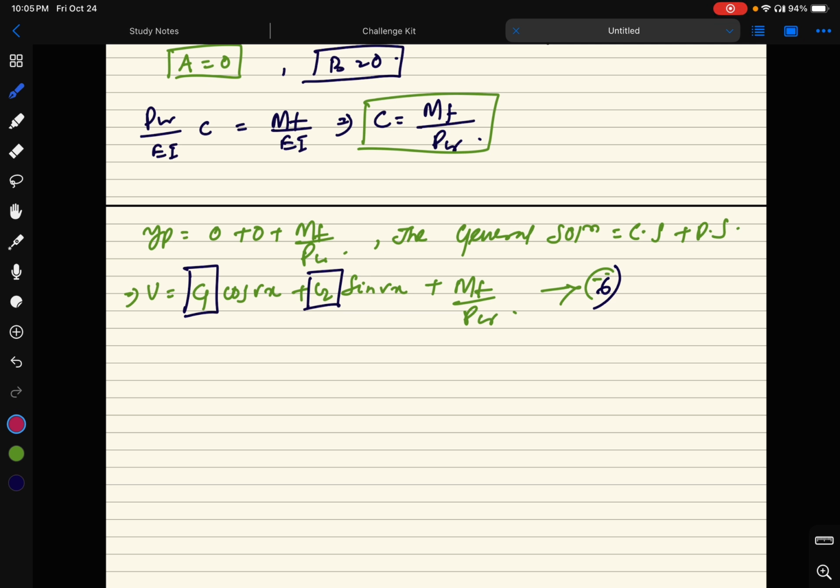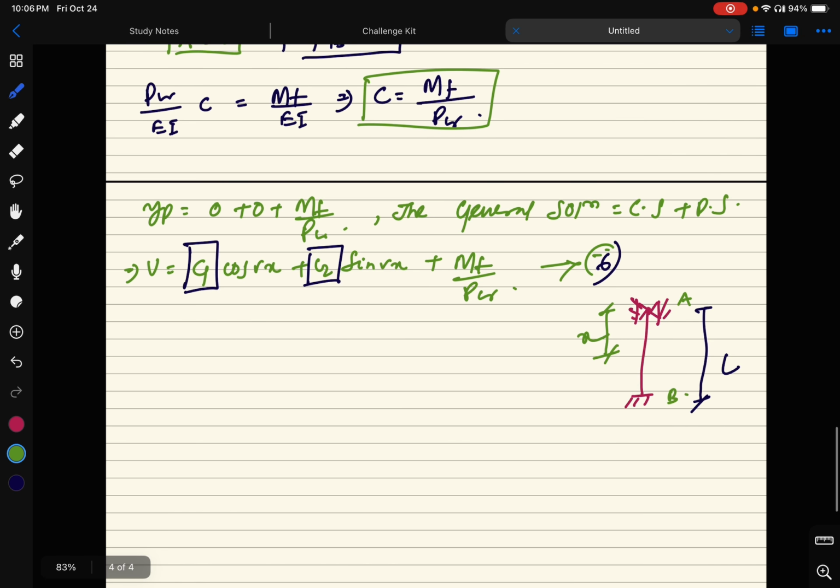So the boundary conditions will be, this is a fixed condition as I said. The total length here is L, this is A, this is B, at a distance x from the top end. So if it is a fixed condition, the boundary conditions are at x is equal to 0, magnitude of deflection is 0.